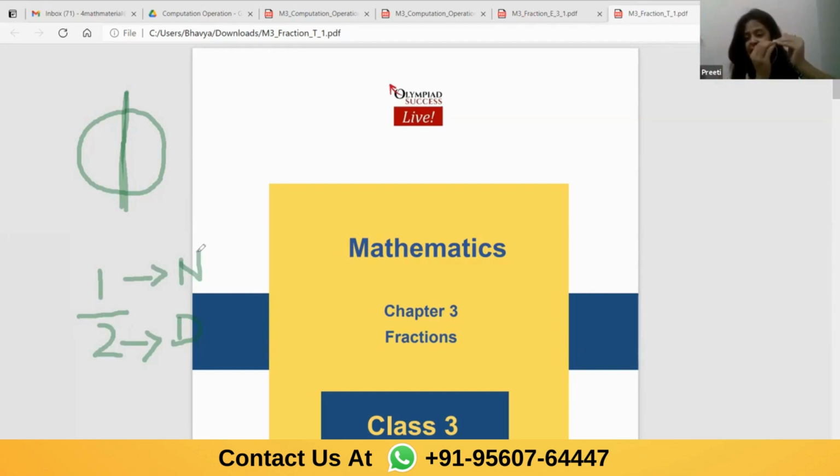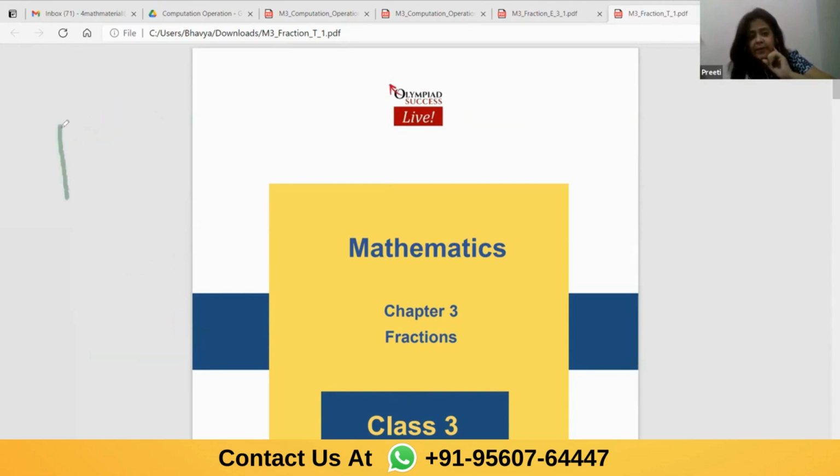It can be the number of pieces Mukund is eating or the number of pieces left over. 1 piece Mukund is eating, 1 piece Mukund is leaving. So 1 is left over and the fraction is the same in both cases. The number of equal pieces that we consider is the numerator, and the number of equal pieces into which we divide the whole is the denominator.